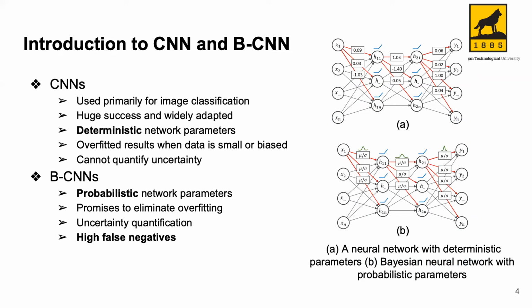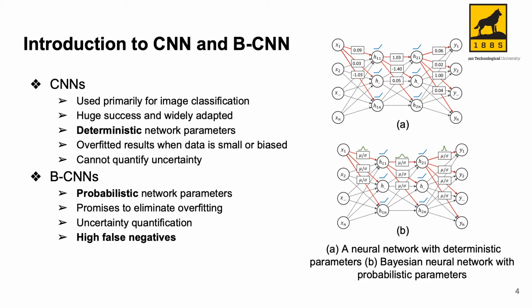But as you know, these networks sometimes suffer from overfitting, or if you want to regularize, manual intervention is required, and they cannot quantify uncertainty due to their deterministic parameters, weights and biases. Here is an example of a deterministic neural network. You can see that the weights and biases are deterministic values that you obtain after optimization.